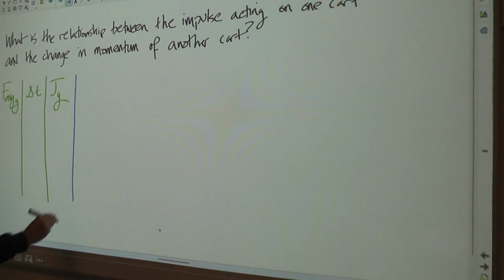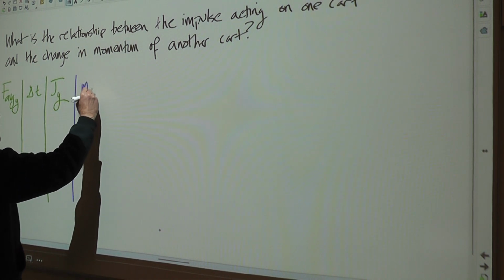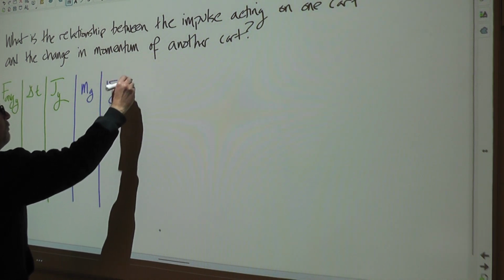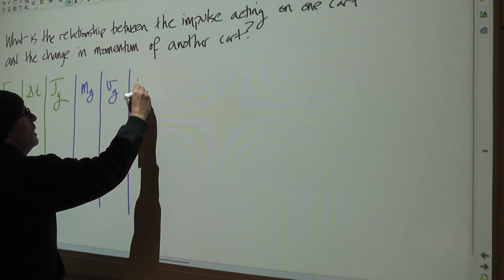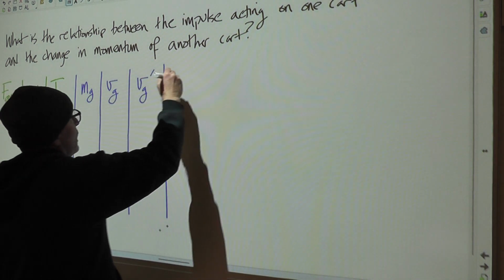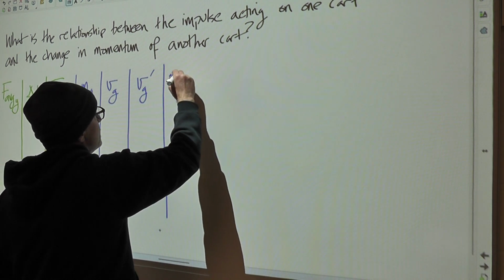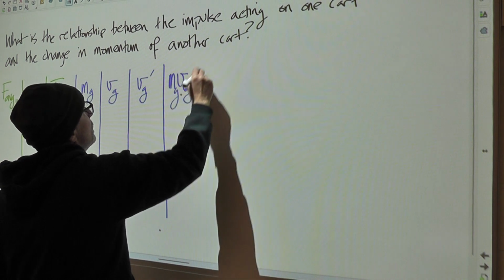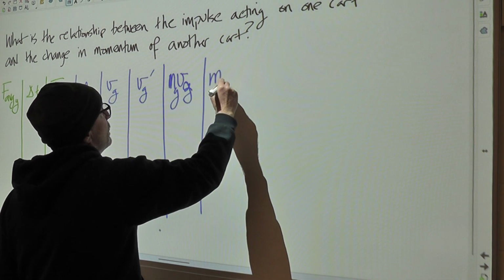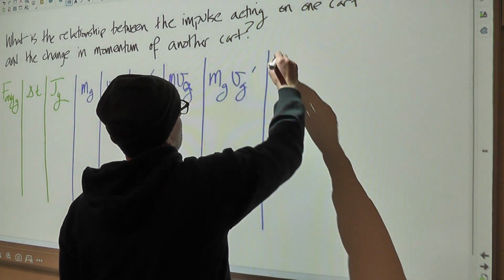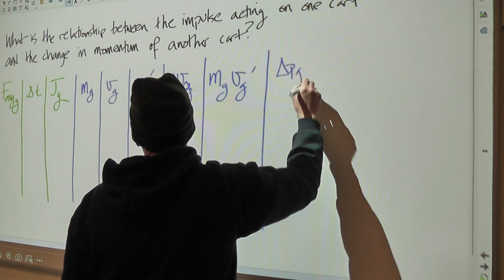And to find change in momentum, we need to know the mass of the green cart, and we need to know its velocity before the collision and its velocity after the collision. That would allow us to find its momentum before the collision and its momentum after the collision, which would allow us to determine its change in momentum.